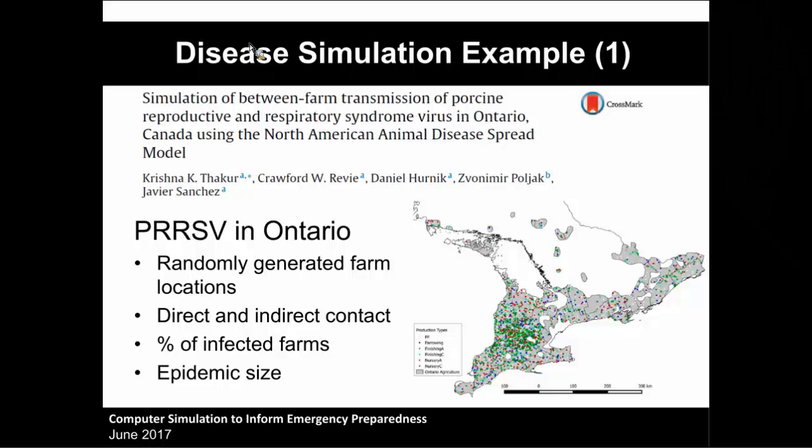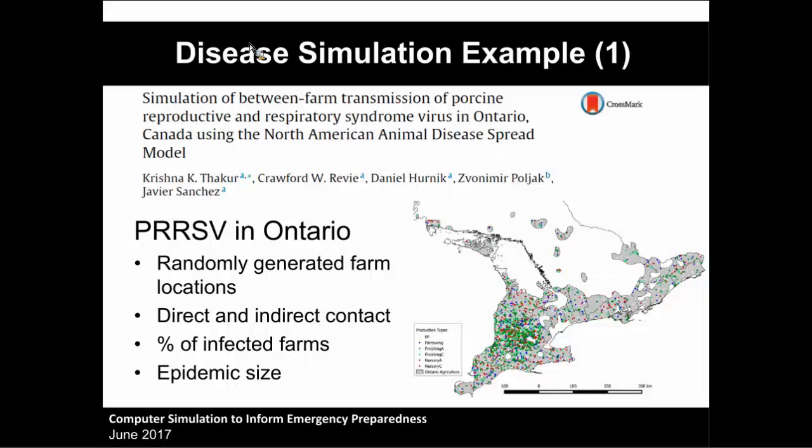In these simulation models, the researchers assessed the rate of direct contact and the indirect means of contact by vehicles and personnel, and then put both of them together in a model.